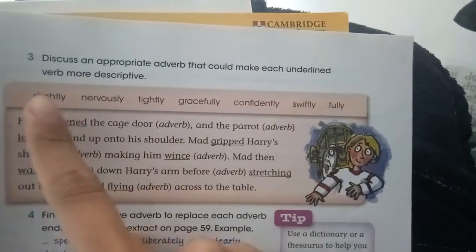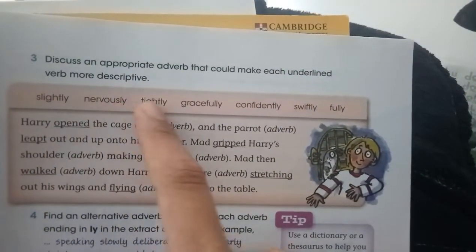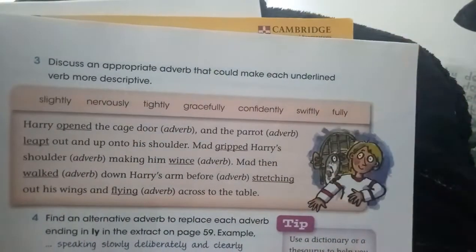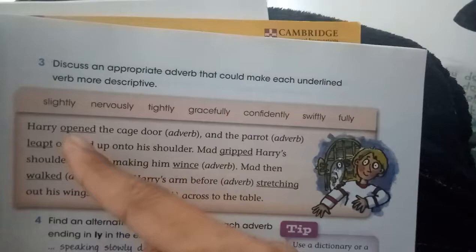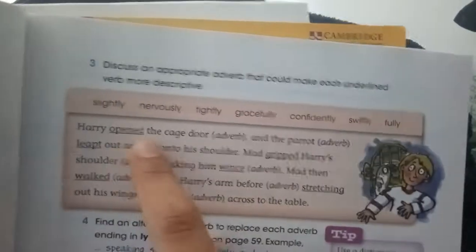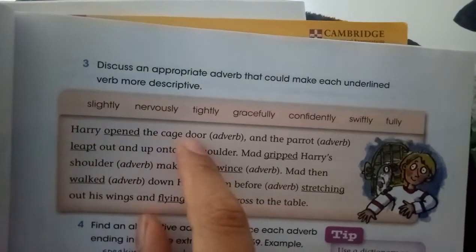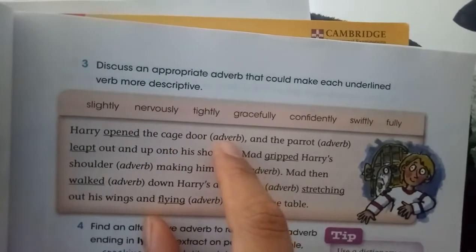And you will be using adverbs here on top in the box. You will be selecting one adverb that will match the verb underlined. For example, this one we have: Harry opened the cage door. Adverb, it says adverb here.